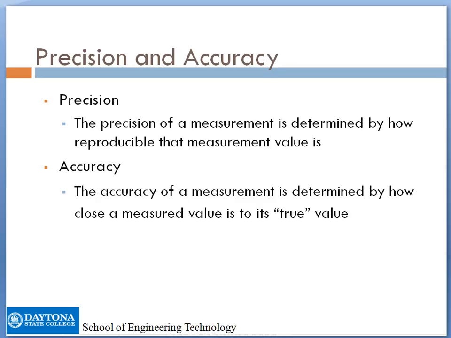Accuracy is a measurement that is determined by how close a measured value is to its true value. So if you have a target value and you have some data, you can say that your data is accurate because it's very close to its true value, which is the target value.